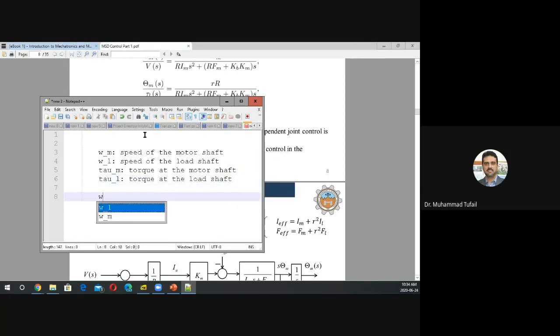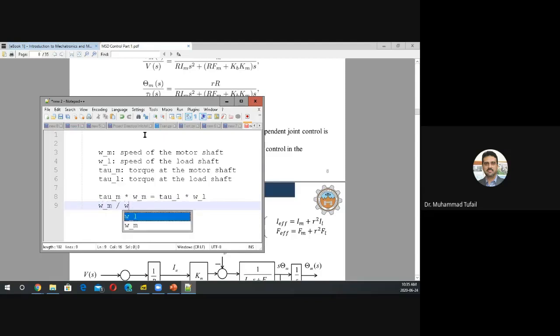We know that the power on this side should be the same as the power on this side. From there we get that omega m divided by omega L is the same as tau L divided by tau m.